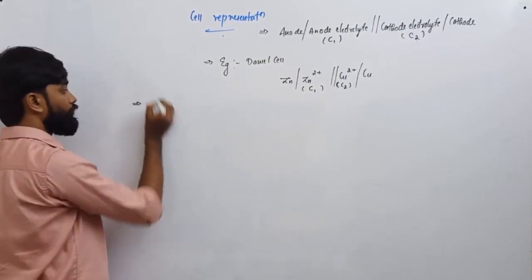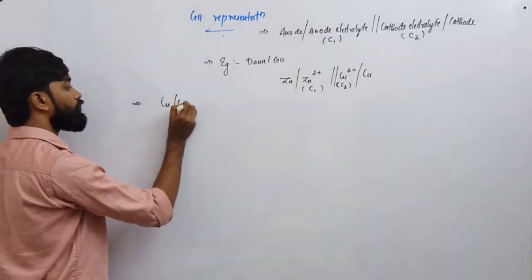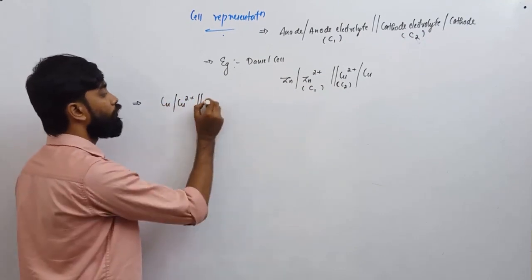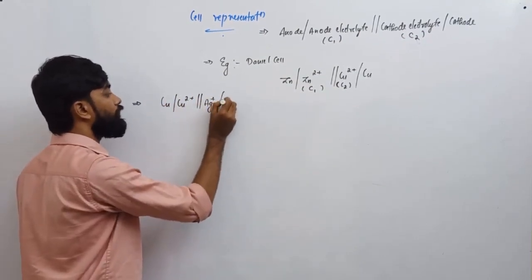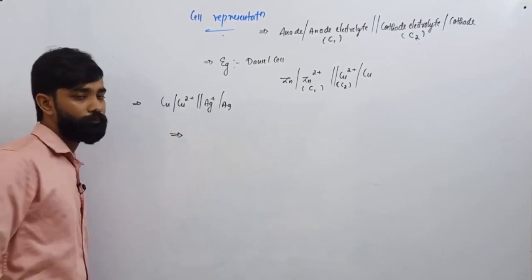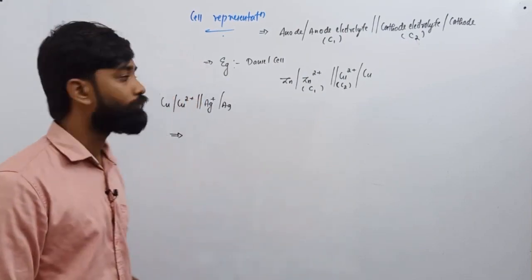For that, say I have the cell representation Cu | Cu2+ || Ag+ | Ag. How can I show the cell reaction of this one?